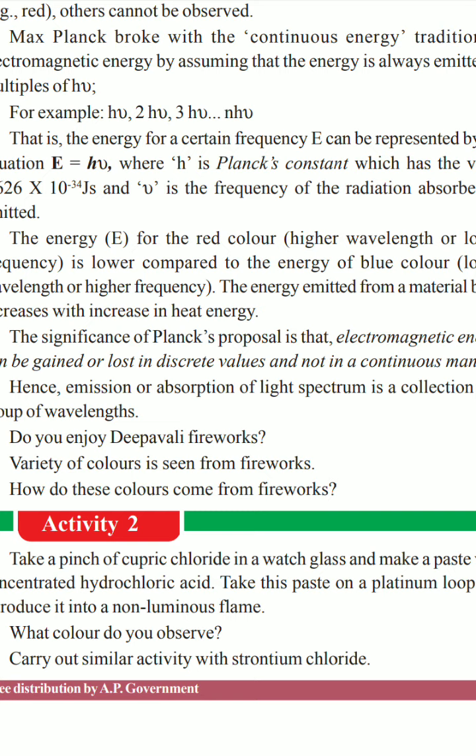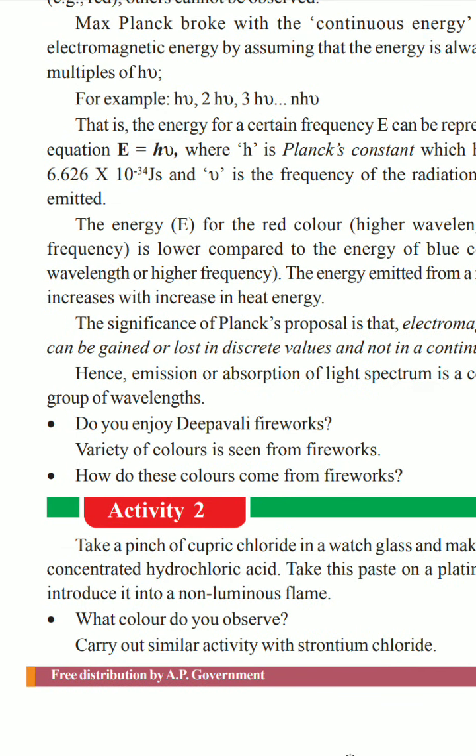This applies not only to the visible spectrum but to the whole electromagnetic spectrum, visible and invisible, all of which is a collection of emission and absorption of lights. A group of wavelengths is nothing but a group of colors.